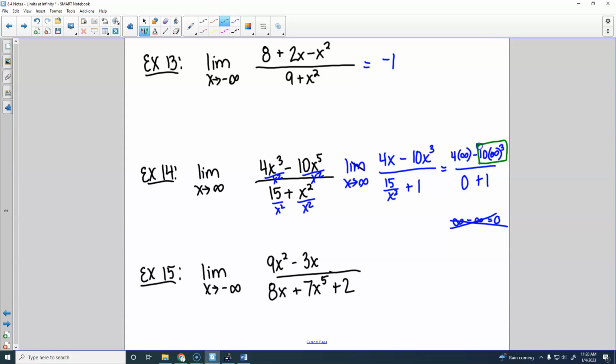I should probably include that negative there. And negative 10 times infinity is going to give you negative infinity there. So going to 0 is like you're going halfway. I think going to infinity is like going all the way.